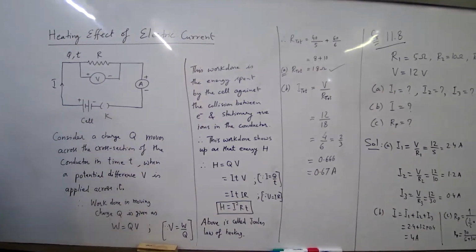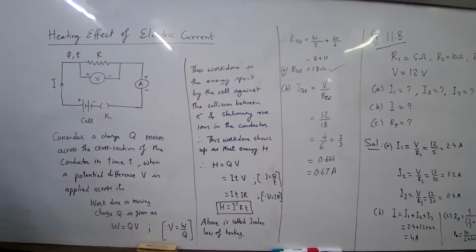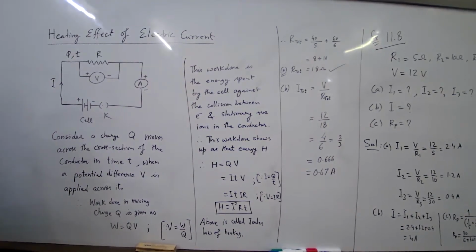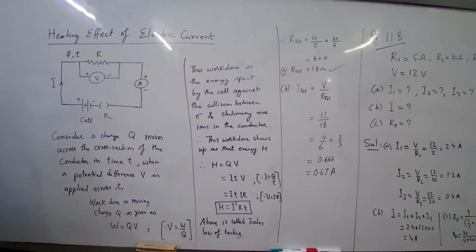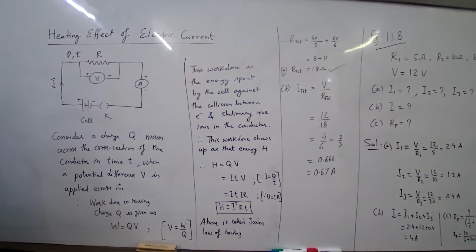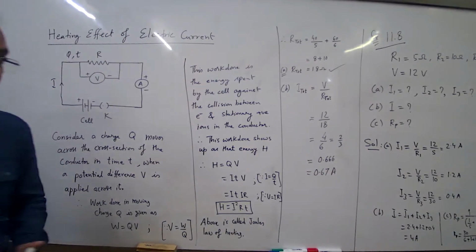Energy is joule, work is also joule. Just recall the work energy concept from 9th standard. What is the unit of energy? Joule. It's the same as work. So work and energy are the same thing.